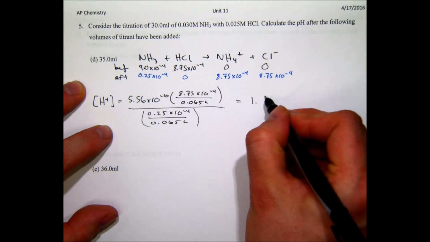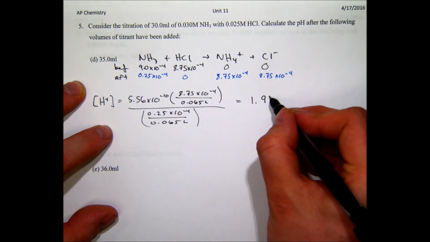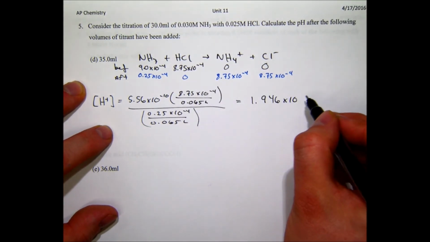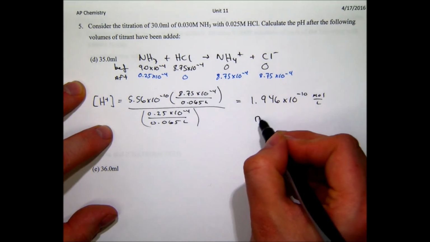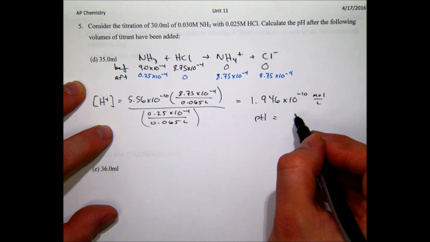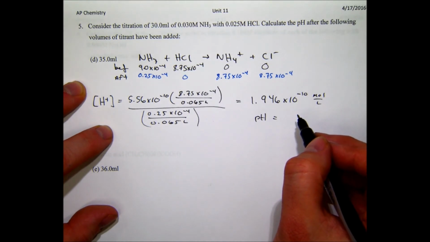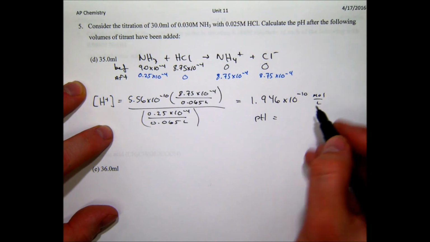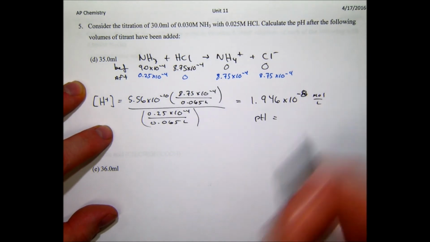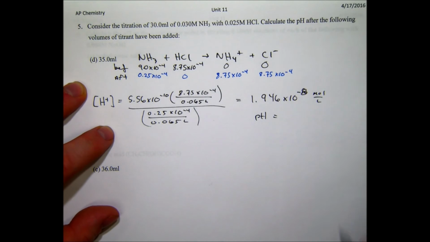And with this calculation, you get 1.946 times 10 to the negative 10 moles per liter. Turn that into pH. So this is to the negative 8. And we turn that to pH, and that's 7.7.